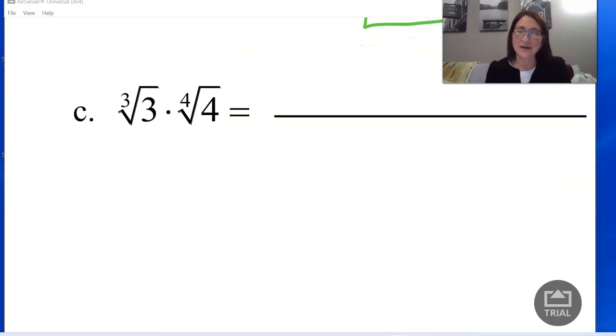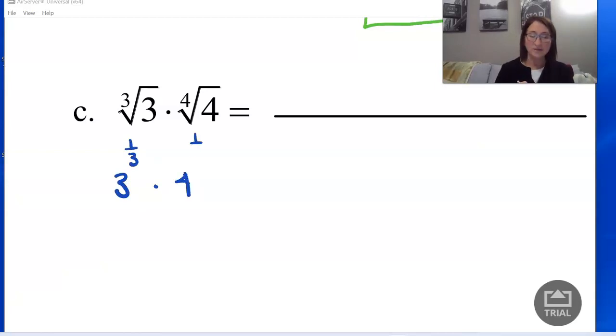So C, oh my word. For C, both my radicand and my indexes, they're all different. It's okay, I can handle it. So the first thing I want to do is change these to fractional exponents. So this first one is going to be 3 raised to the 1/3 times 4 raised to the 1/4.